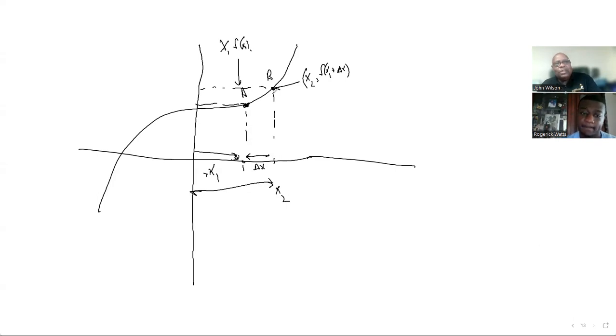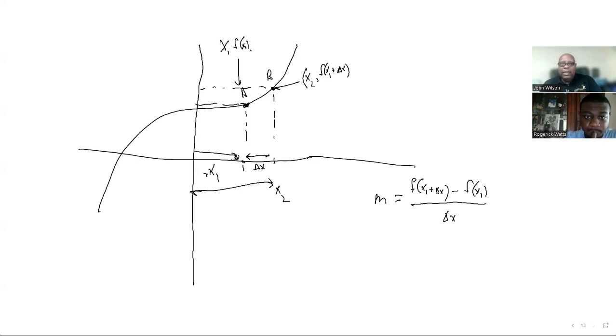So let's write it out. The slope, if you will, you've seen this before, is F of X1 plus delta X minus F of X1 all over delta X.